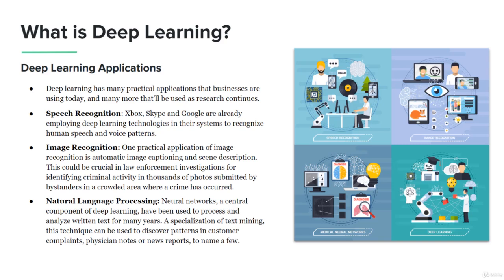So speech recognition can also be going into Google and just going on your phone and saying what is the best XYZ or restaurant near me, or whatever that may be, right? Google will be able to read your speech there and give you a designated or specific type of search query there, right? And so image recognition, one practical application of image recognition is automatic image captioning and scene description.